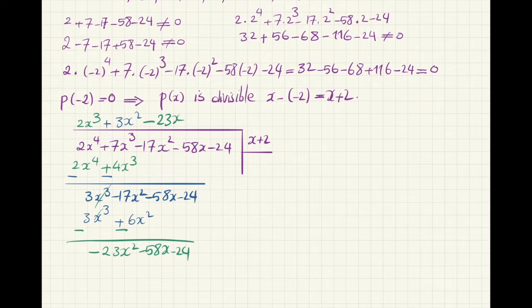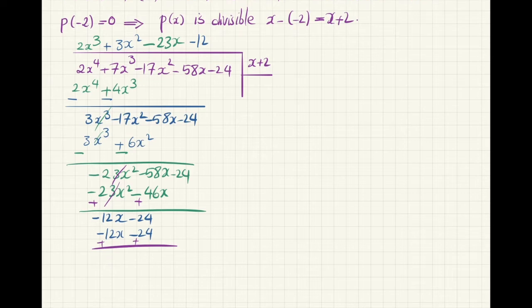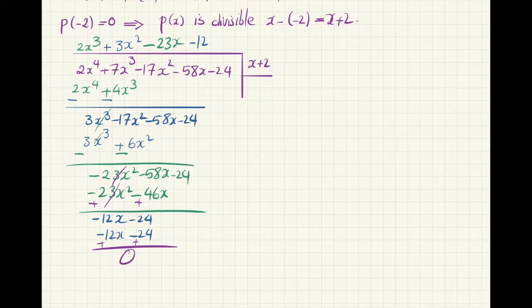I multiply it here, it becomes minus 23x squared, and then I have minus 46x. I will change the signs, positive and positive, and I add them. This is gone, then I will get negative 12x minus 24. And finally, I would write minus 12 here. It becomes negative 12x, negative 24. I will change the signs, positive, positive, and then I will add them as I expected. The answer becomes 0.